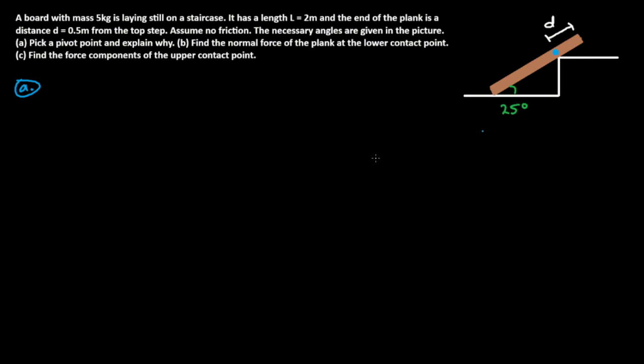The reason I'm not picking it at the bottom is because your bottom force has no friction. So the only force acting on the bottom part of the plank is a normal force, and we know how to calculate that. It goes in just one direction, an upward arrow. But if you don't pick your pivot point here, we don't know how this plank is interacting with this corner.